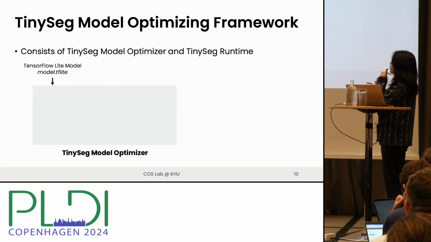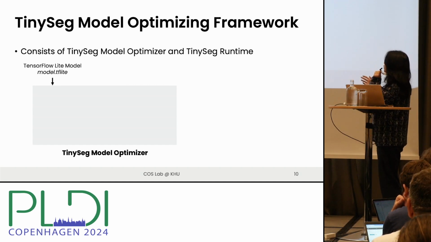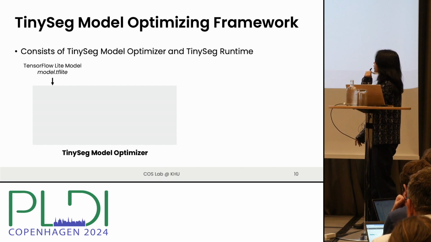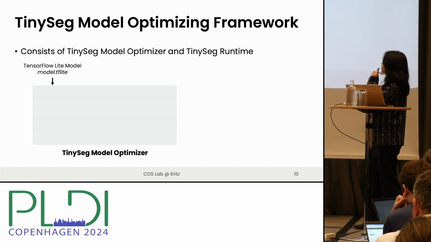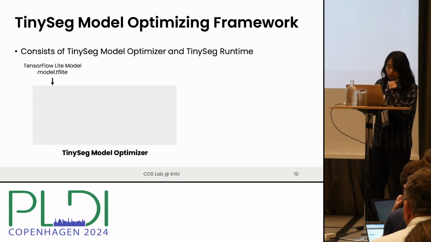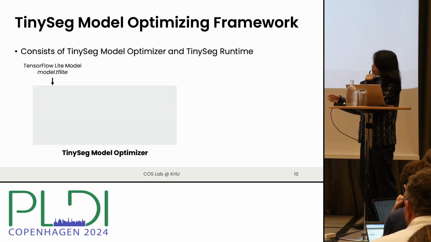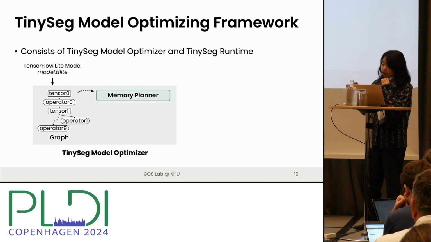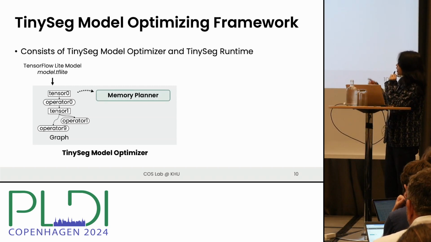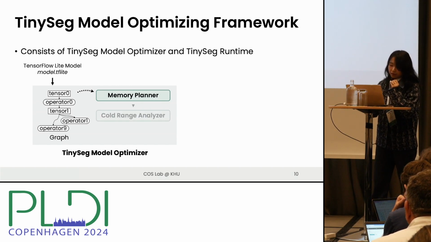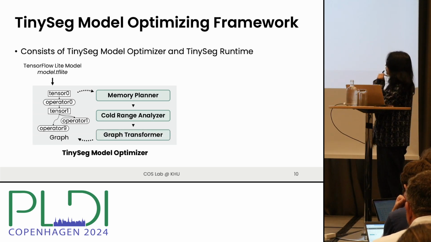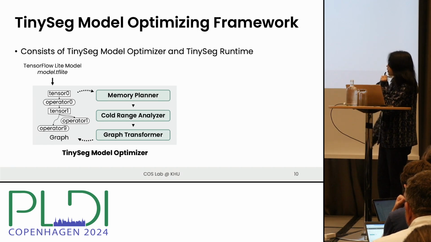So to support the dynamic tensor spilling, we propose a new model optimizing framework called TinySeg. So this framework consists of TinySeg model optimizer and TinySeg runtime. So this model optimizer takes a TensorFlow-like model as an input and interprets the model as a graph, and then it generates a memory plan for checking the peak memory usage, and then it analyzes the cold range of the tensors, and then transforms the graph based on the cold range analysis results.